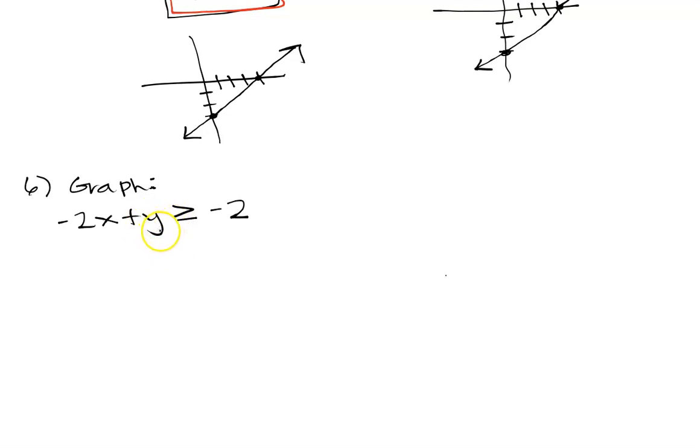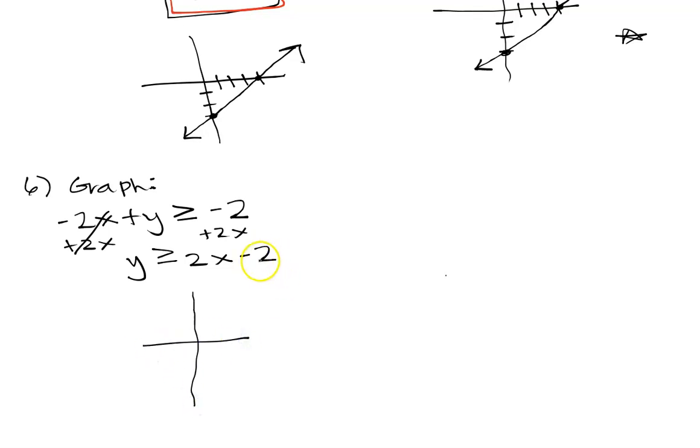And then that just makes it easier for me to graph it. So basically on this one, I need to start by adding my 2x over so that I can get that y by itself. So here I've got y is greater than or equal to 2x minus 2.